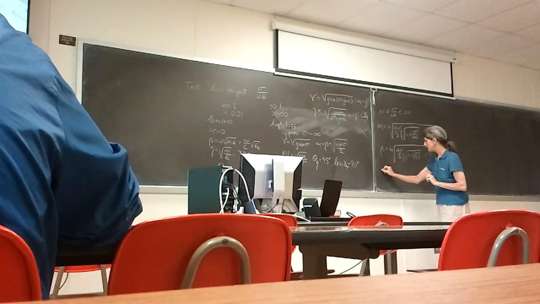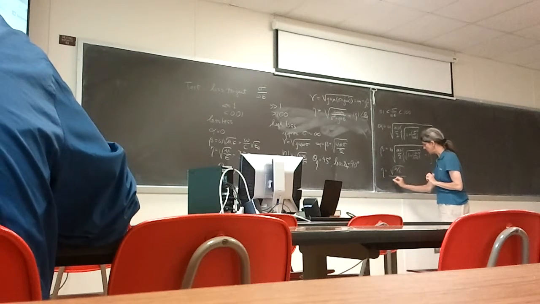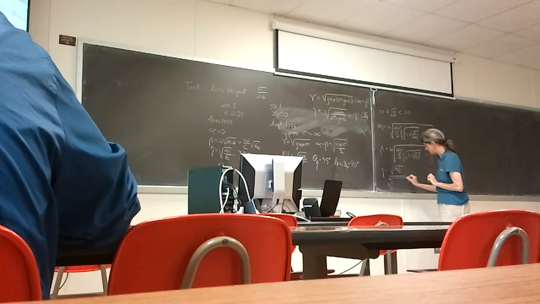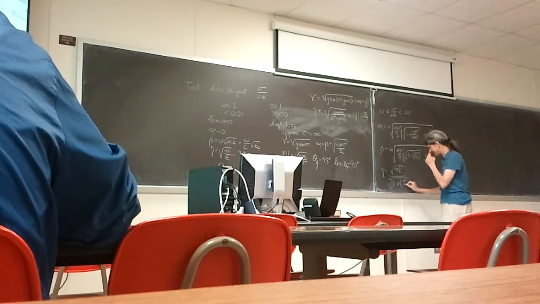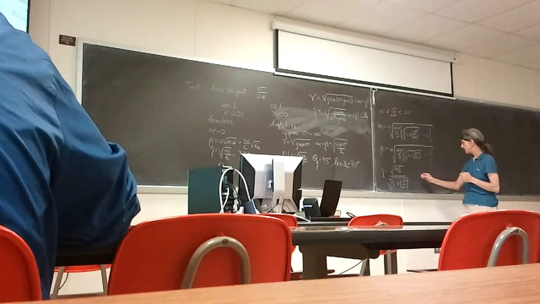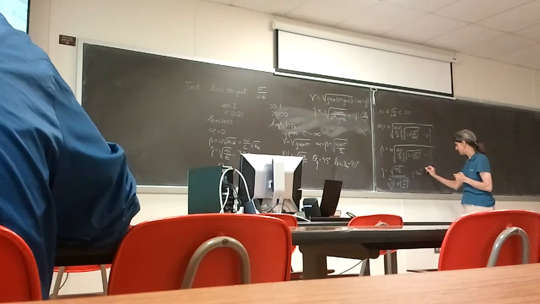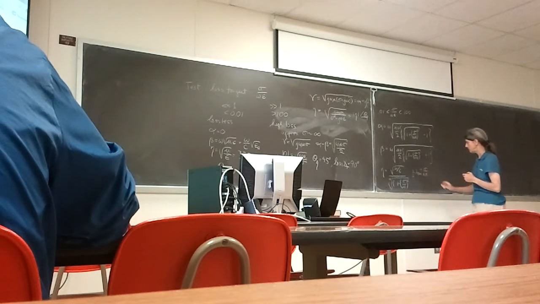And eta is root mu over epsilon over the fourth root of 1 plus sigma over omega epsilon squared. And the angle is 1/2 the inverse tangent of sigma over omega epsilon.